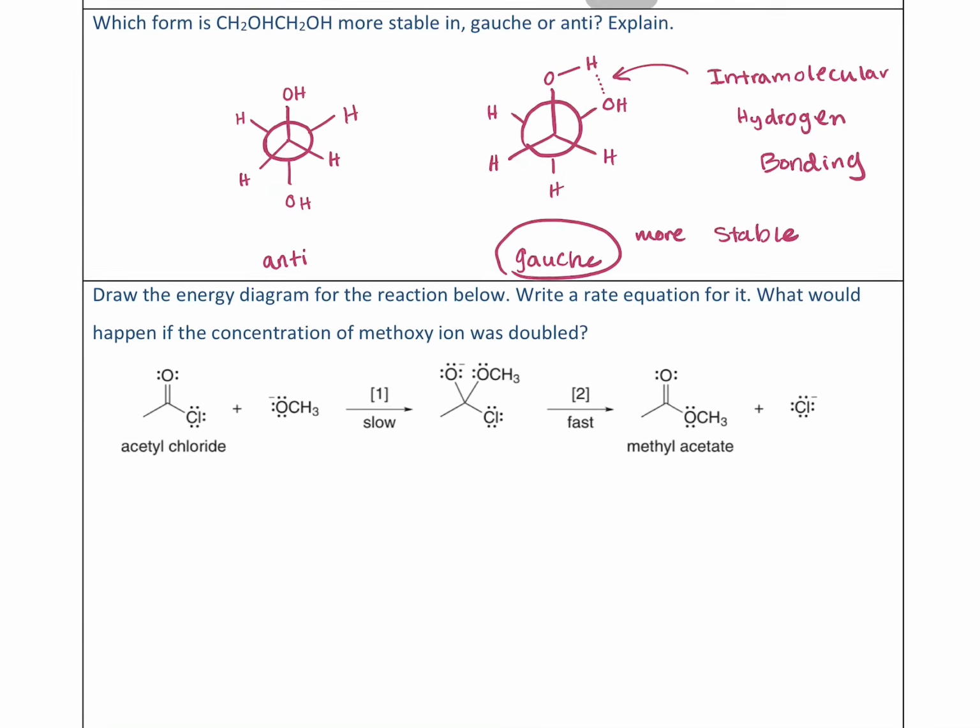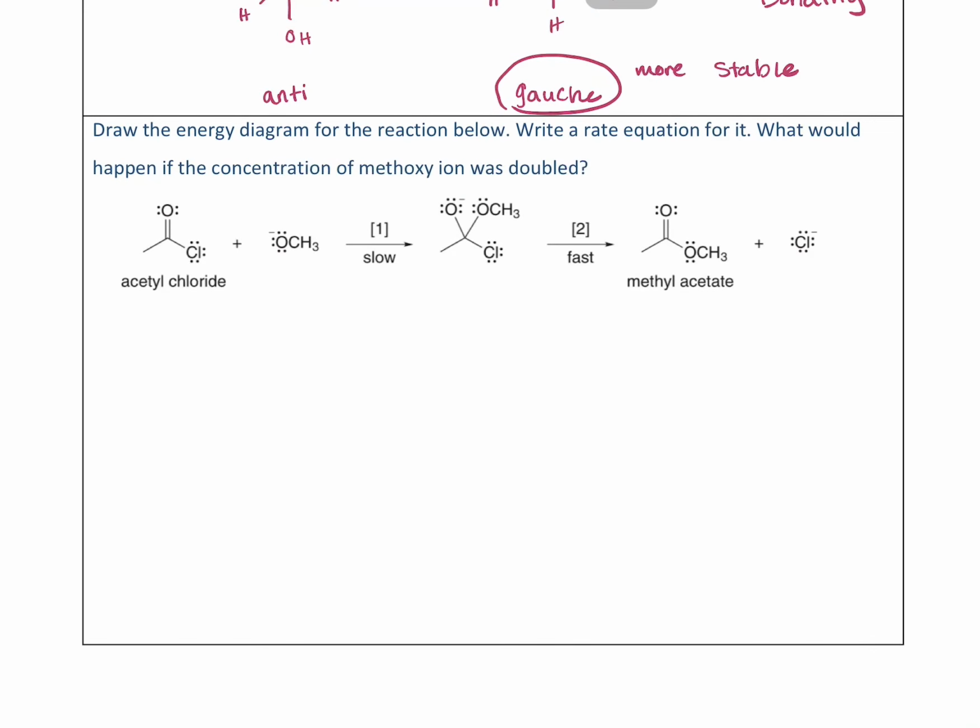And then finally, the last question, we have: draw the energy diagram for the reaction below, write a rate equation for it. What would happen if the concentration of methoxide ion was doubled? So you don't really need to know what exactly is going on in this reaction. The key is to look at the 2 different steps and see that the first one is slow.